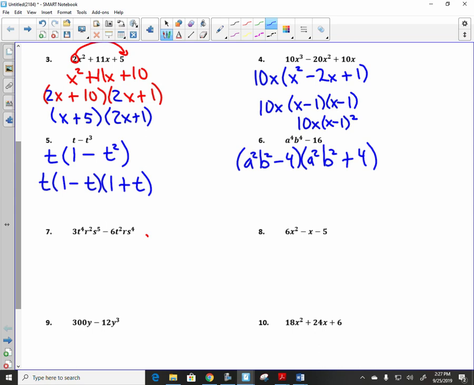But look, as I factor the difference of 2 squares, what do you notice about that? That is also the difference of 2 squares. AB minus 2, AB plus 2. The sum of 2 squares never factors.